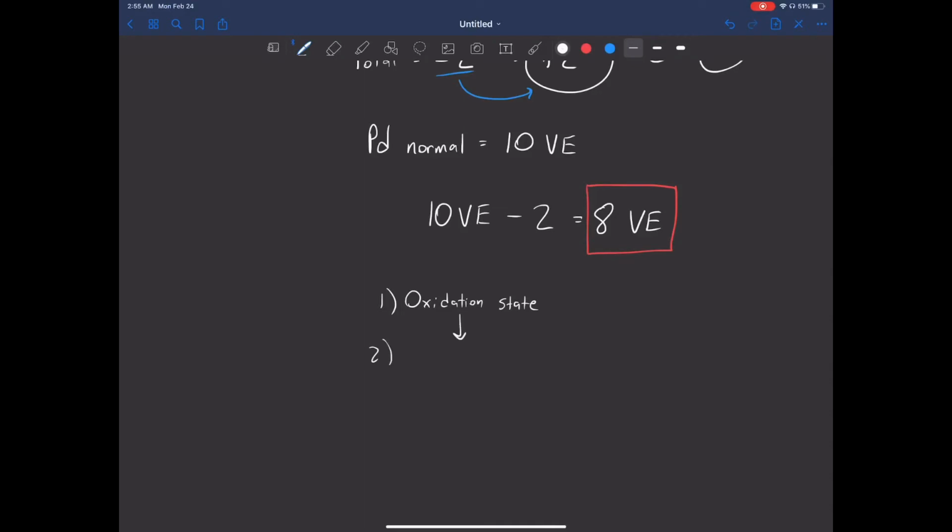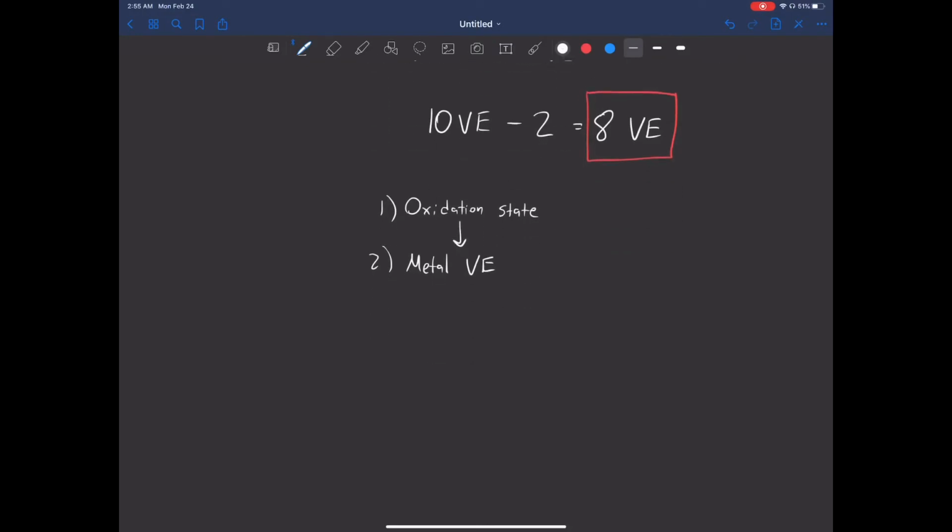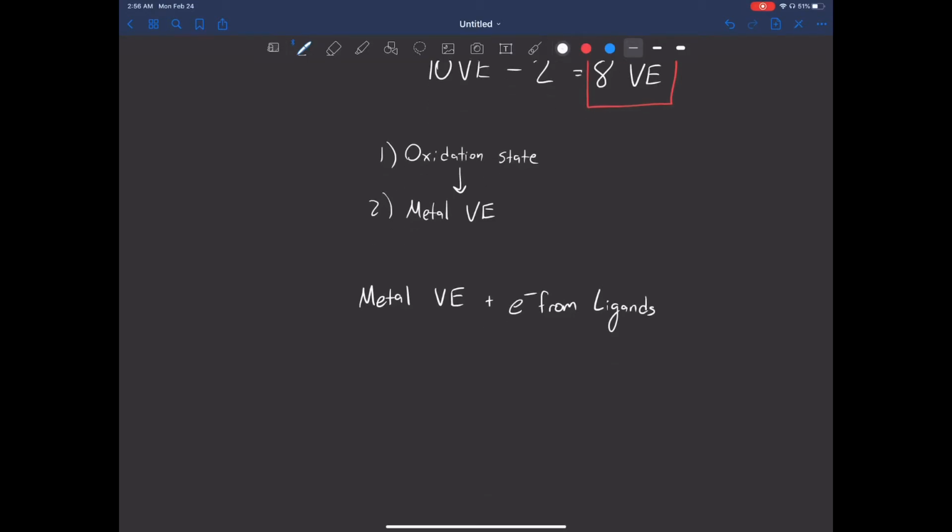That will tell you the metal valence electrons. Then what you do is you just add the metal valence electrons with all the electrons contributed by the ligand. So I'm going to say electrons from ligands. So in this case, I had 8 valence electrons.